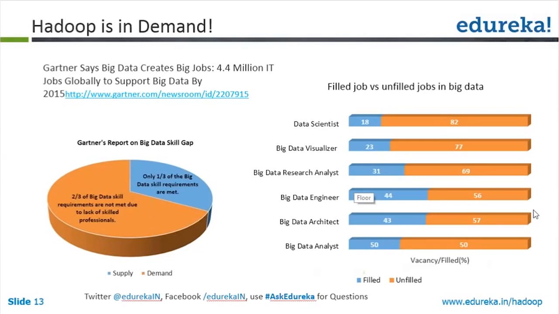A lot of the vacancies are unfilled. That's the kind of opportunity it brings in front of you: you have the opportunity to master Hadoop and fill the space where we have demand in the Hadoop world.